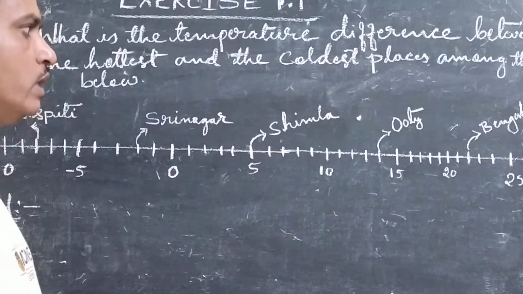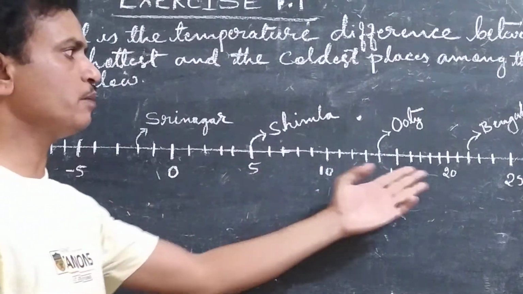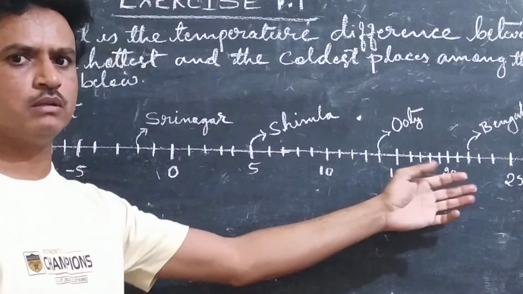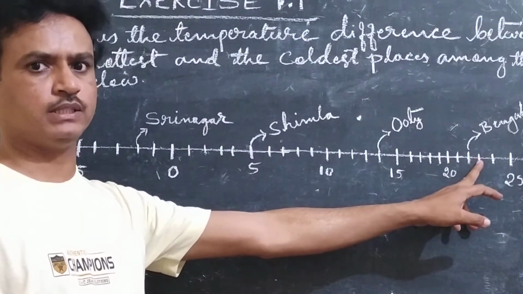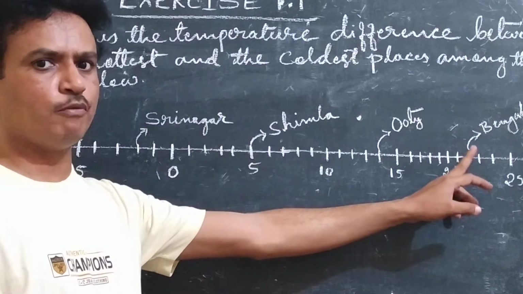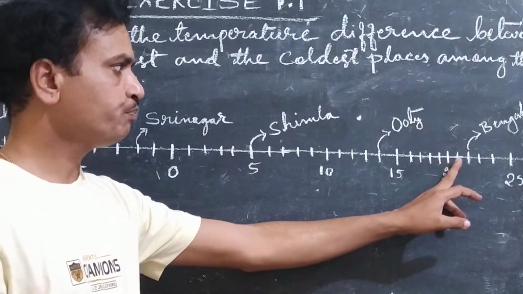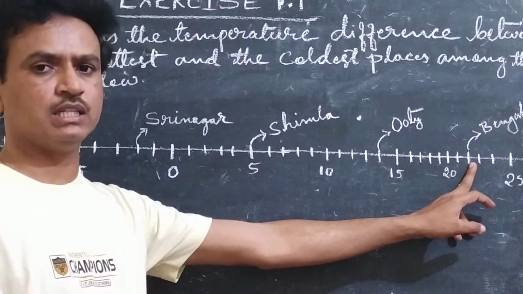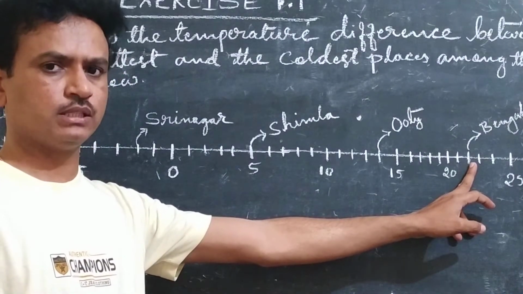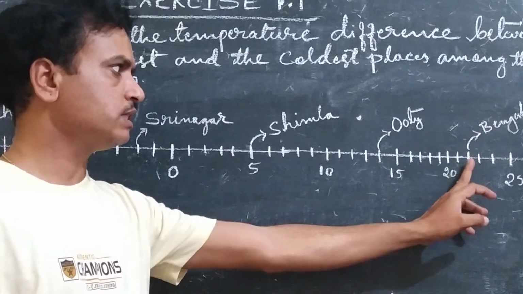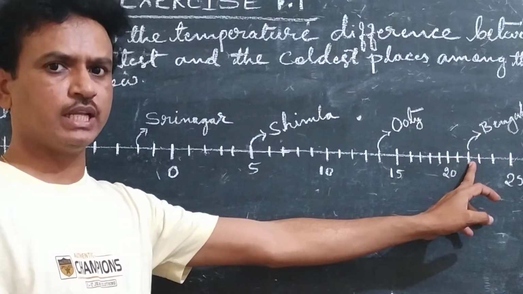Already we know the highest temperature on this number line. Bengaluru is the hottest place, and its temperature is 22 degrees Celsius.